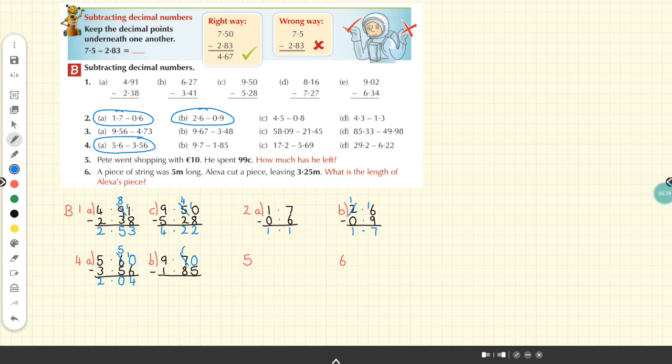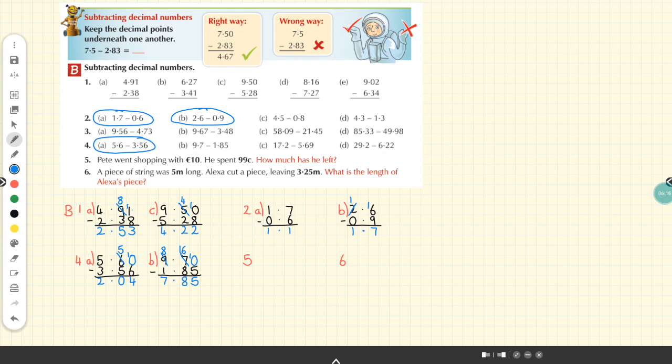So that means we have 6 tenths left, and if we rename one of the tenths as 10 100ths, now we have 10 take away 5, which equals 5. 6 take away 8 we cannot do, so we need to rename, so we need to go to the units, and we rename one of the units, so it means we only have 8 units left, and we rename that unit as 10 tenths. So now we have 16 take away 8, which equals 8. Now always remember our decimal points are always underneath each other when we're doing our subtraction sum. And then 8 take away 1 equals 7.